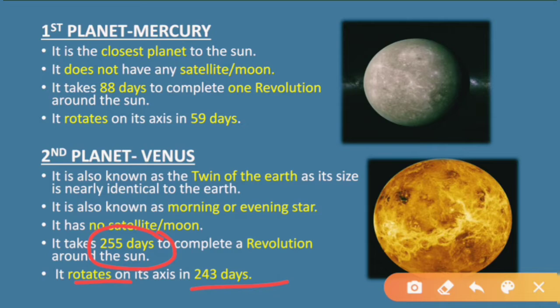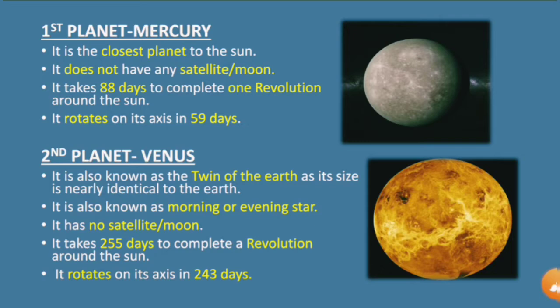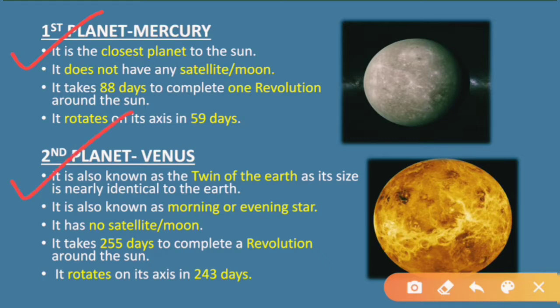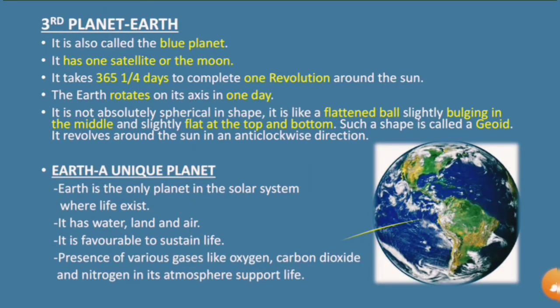Okay, you can see the picture of the planet Mercury and the planet Venus. They look like this. Now, moving to our next planet. The first planet was Mercury. The second planet is Venus. Now we will move towards our third planet, that is planet Earth, the planet in which we live.